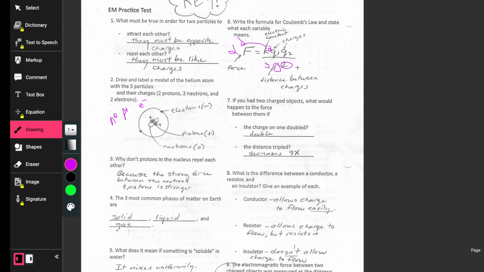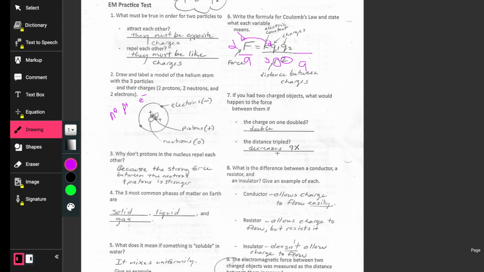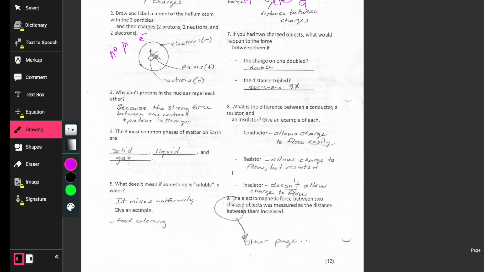So what's 3 squared? 3 squared is 9. It's not multiplying, it's dividing. So we're going to divide the force by 9. We say it decreases by a factor of 9. So if this gets bigger, the force has to get smaller.